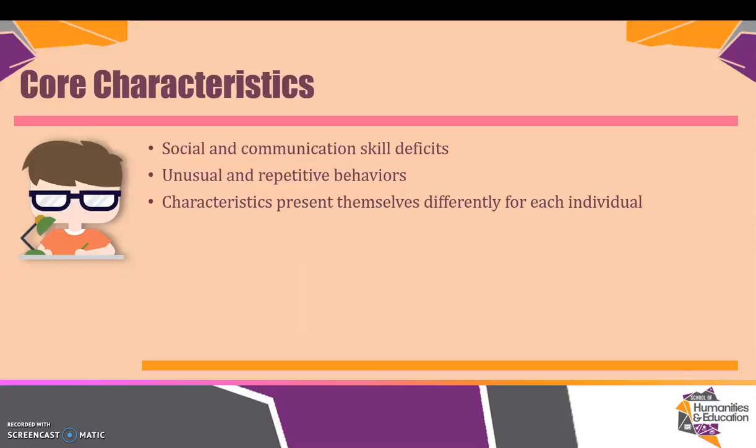In terms of classroom application, it is important to recognize that the characteristics that will be displayed in terms of repetitive behaviors and social communication are the ones that would need to be addressed in the classroom setting. And so a functional behavioral assessment has to be done by the classroom teacher in order to plan intervention.